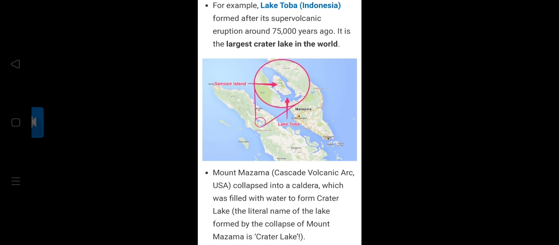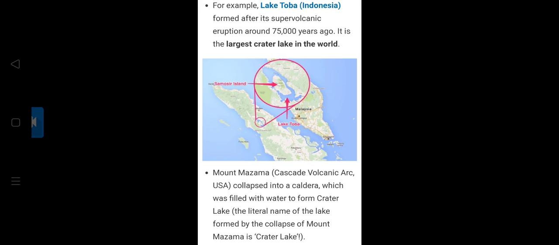Students, you can see volcanoes which were dormant, that runs into millions of years, hundreds of years. It is the largest crater lake in the world. So this is an example, Lake Toba in Indonesia, the largest crater lake in the world.